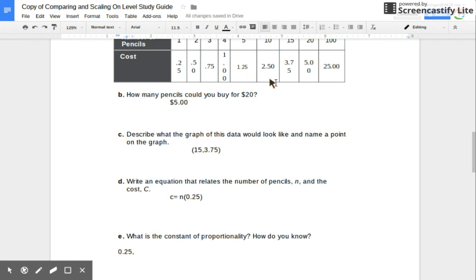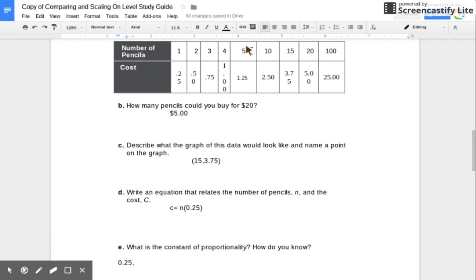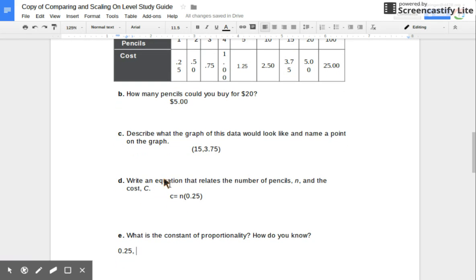Now you might say from here to here, it doesn't increase by 25 cents, but the pencils don't increase by 1 from 5 to 10, they increase by 5. So we kind of just want to focus on these values that increase by 1. And just to point out, in case we're still a little bit confused about how to create an equation, why do we have this number in particular here?